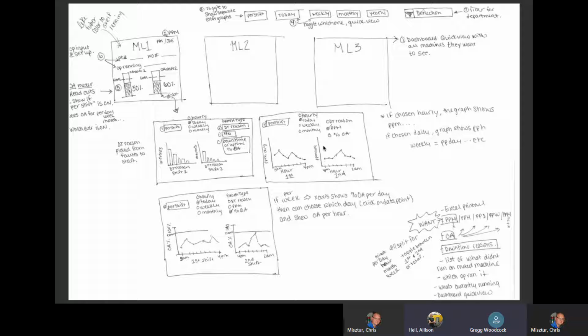Yeah, one of the engineers that I'm sitting next to right now had an idea. Maybe we can use the plant layout. Like if you're looking at a bird's eye view of a certain department, then you have the machines in a layout like that. And if you need to see more specifics, then you can just click on that machine. Yeah, that's actually a really fun UI mechanism, and it is doable in Splunk.